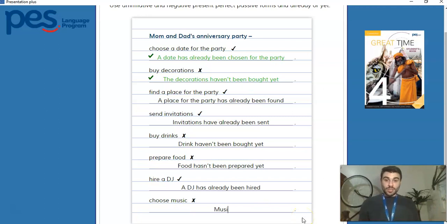So, music hasn't been chosen yet. Were your answers close to these ones or very far away? If very far away, you must go back to the rule, okay, and try to differentiate again future passive from present perfect passive, okay? Good?